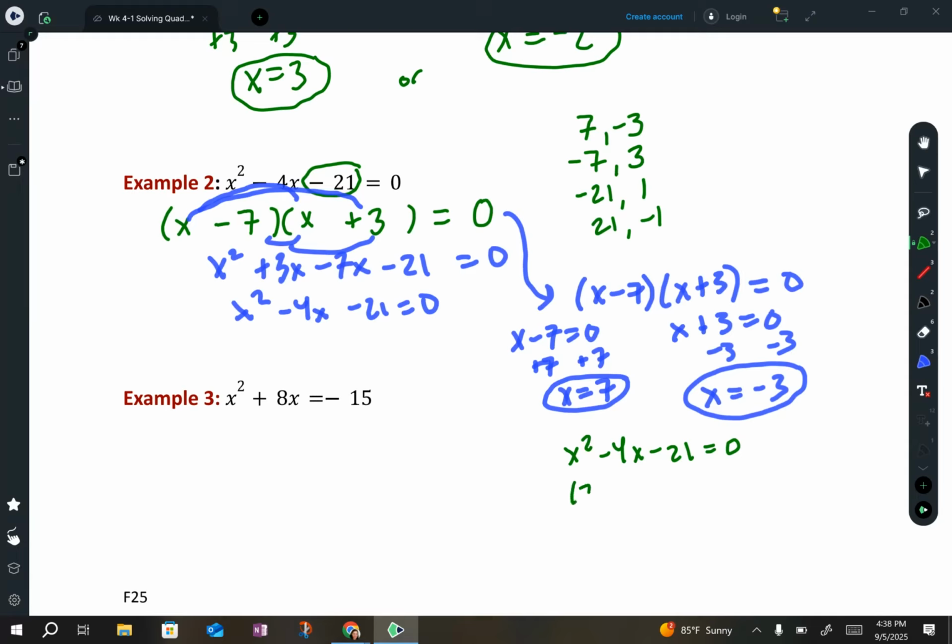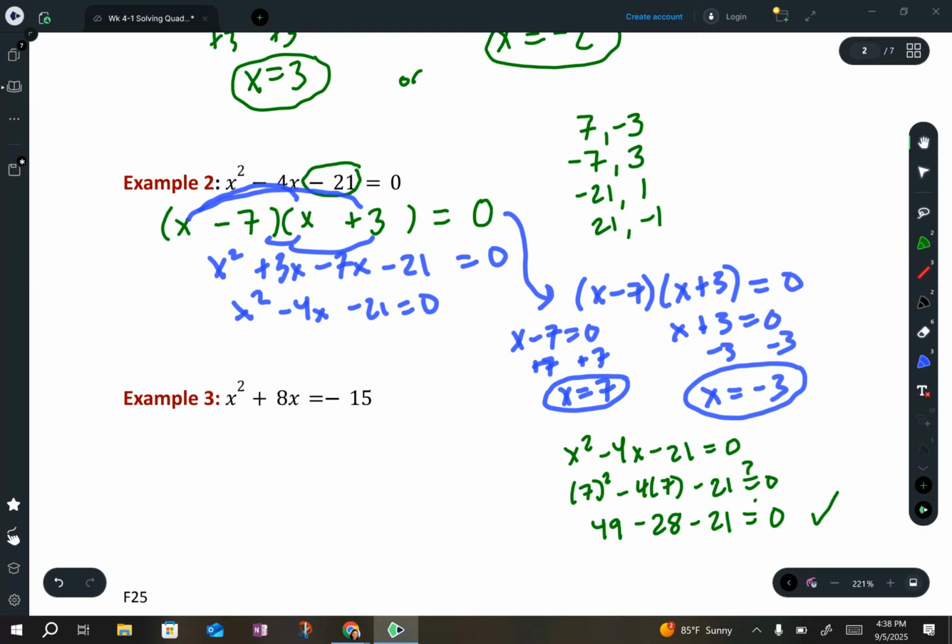So if I plug 7 in for x, that would give me 7 squared minus 4 times 7 minus 21. Is that equal to 0? Is 49 minus 28 minus 21 equal to 0? And sure enough, it is. So that answer checks out. You can go ahead and check negative 3 too to make sure that it works.